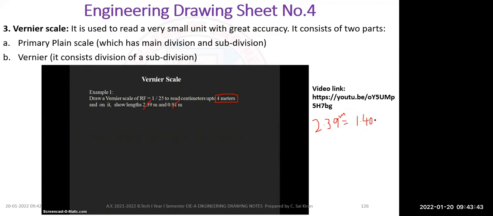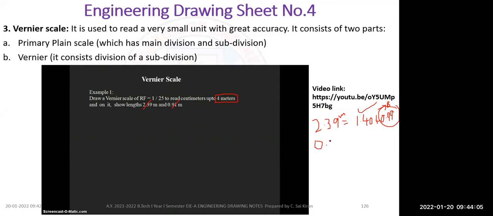1.40 plus 0.99. Okay. So for 0.99, you have taken the backward Vernier, so I have to subtract 0.99. From the Vernier scale, I have to highlight only 0.99. On the plain scale, I have to highlight 1.40.